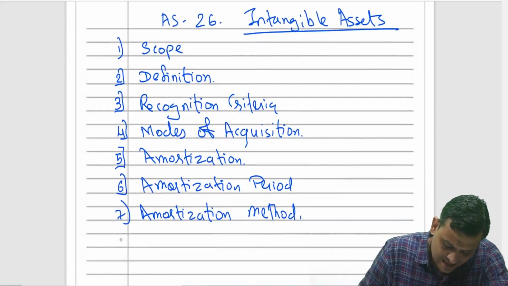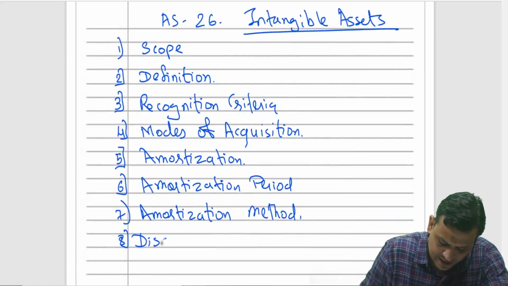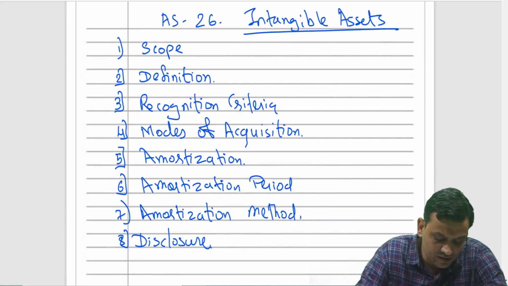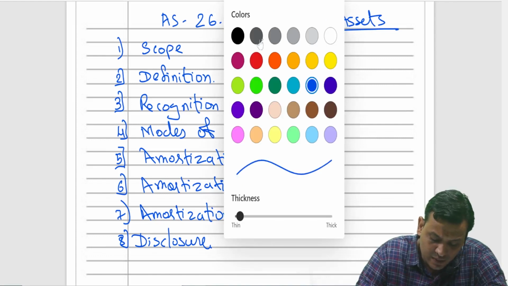Basically, the last I would not discuss directly as a revision part, but that is our disclosure. Now, where does our AS 26 apply?